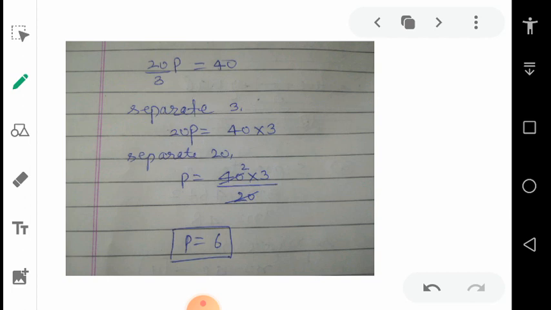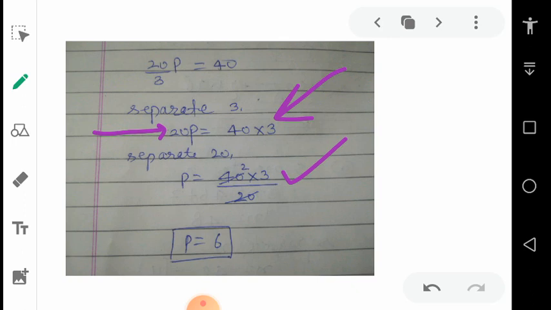So 3 is multiplied by 40 on the right hand side, and we get 20p equals 40 into 3. Then we have 20p on the left hand side, so we have to separate 20 also. As it is in multiplication, it becomes the denominator on the right hand side. So p is 40 into 3 upon 20. Here we can divide 40 by 20, we have 2, and finally p is 6.